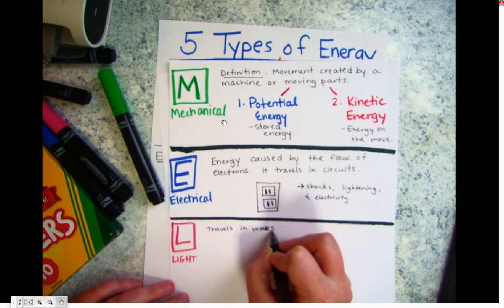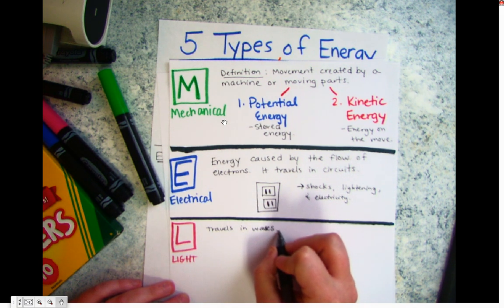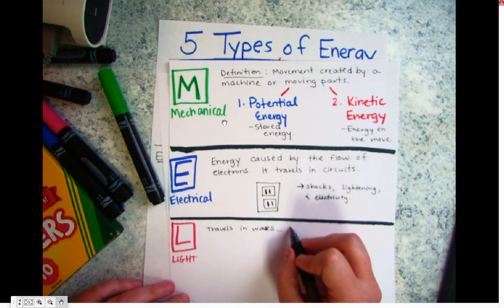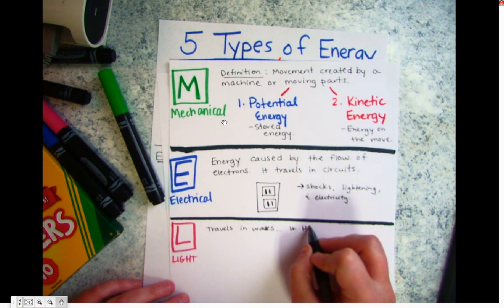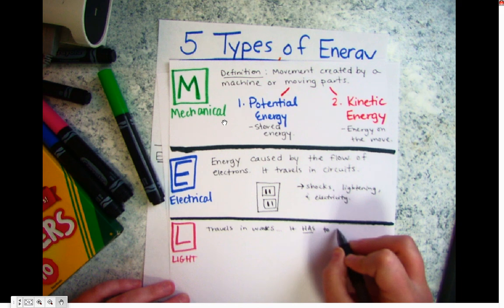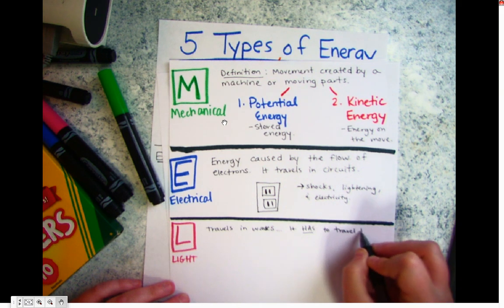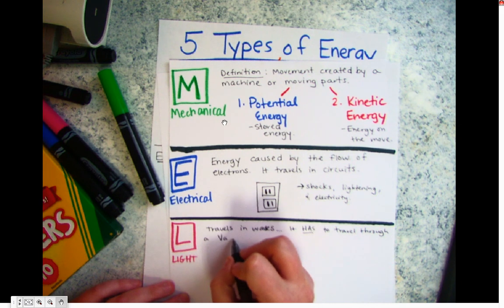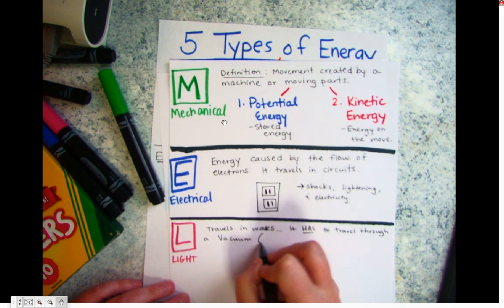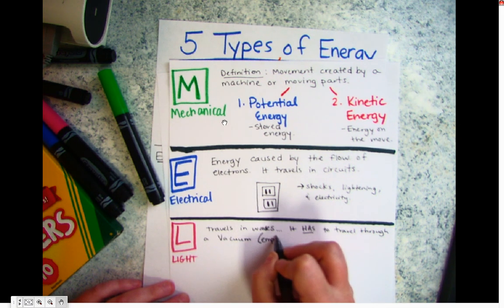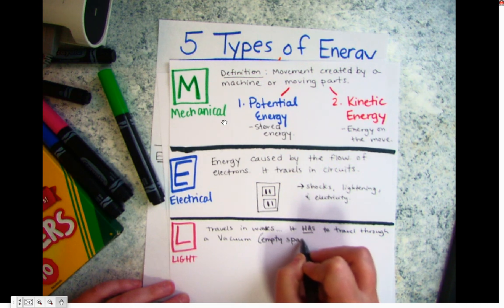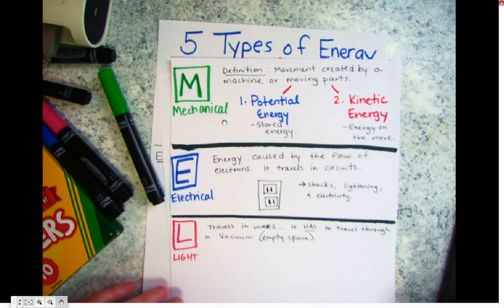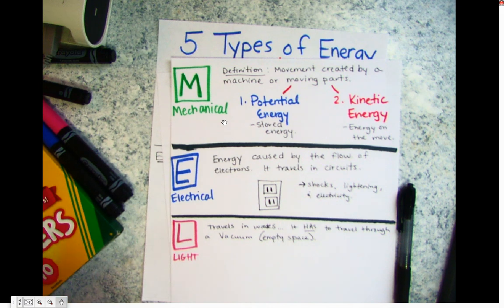Oops, travels in waves, and this is the most important part. It has to travel through a vacuum. And that is just a fancy word for empty space. Okay? So it has to travel through a vacuum.